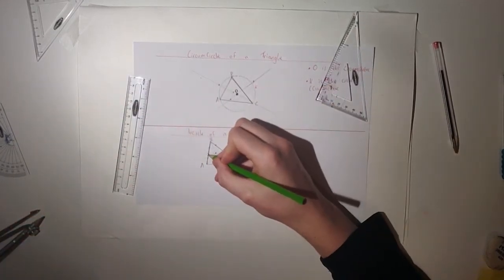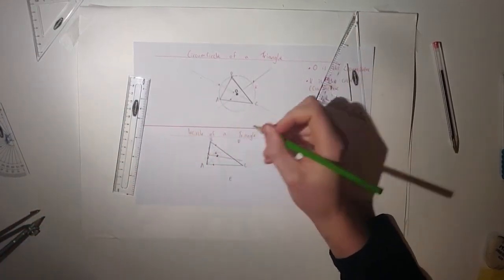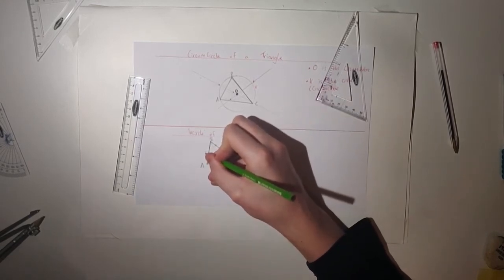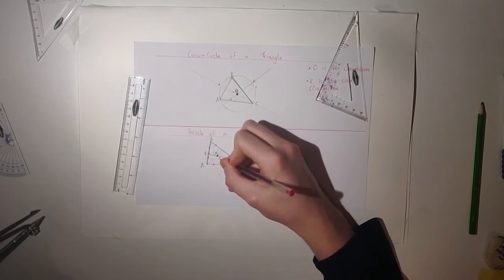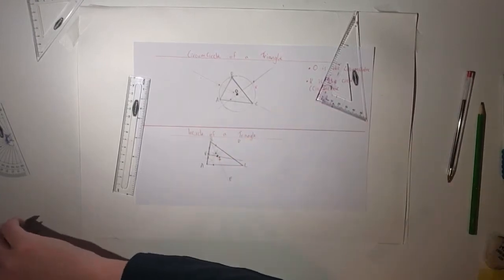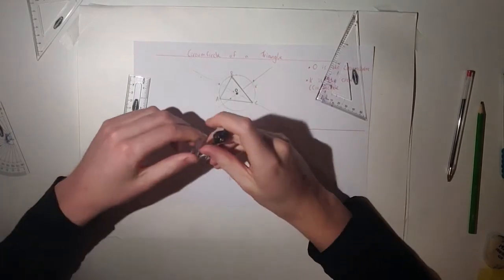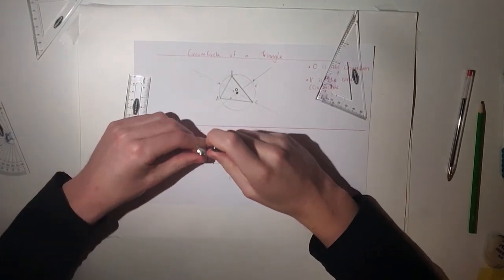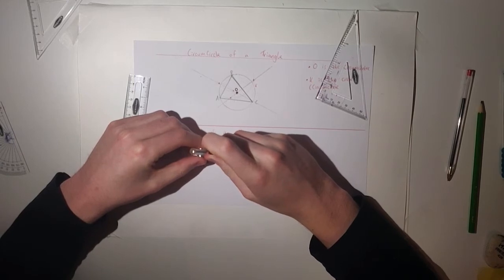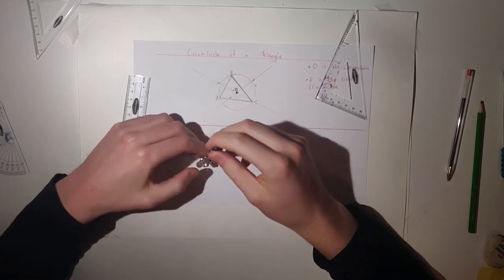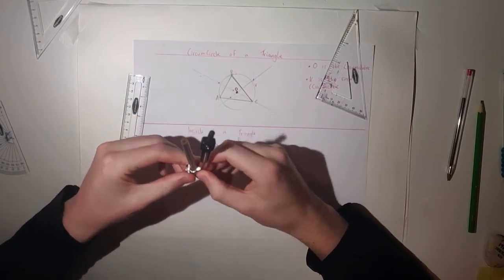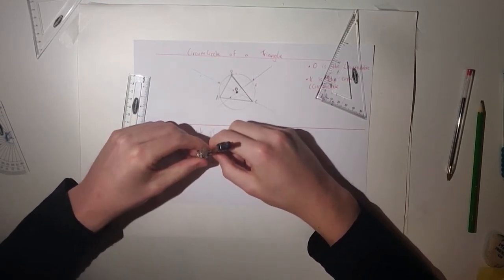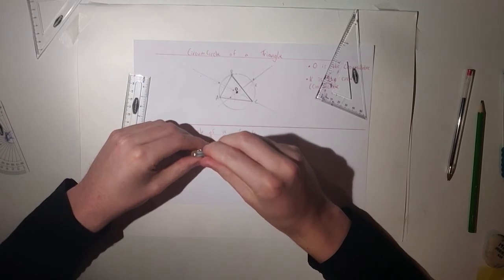So this is my A, B, C, D, E, we'll call it point F. The I is my incircle. So now what I should be able to do is the radius I to F should cut each of the parts of the triangle inside, because it's the incircle, inside the triangle.